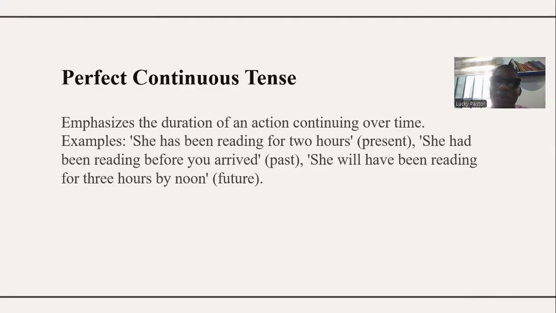Or she will have been reading for 1 day by this time tomorrow. That is an action that will still be ongoing in the future till a particular point in time. That is the future perfect continuous tense.